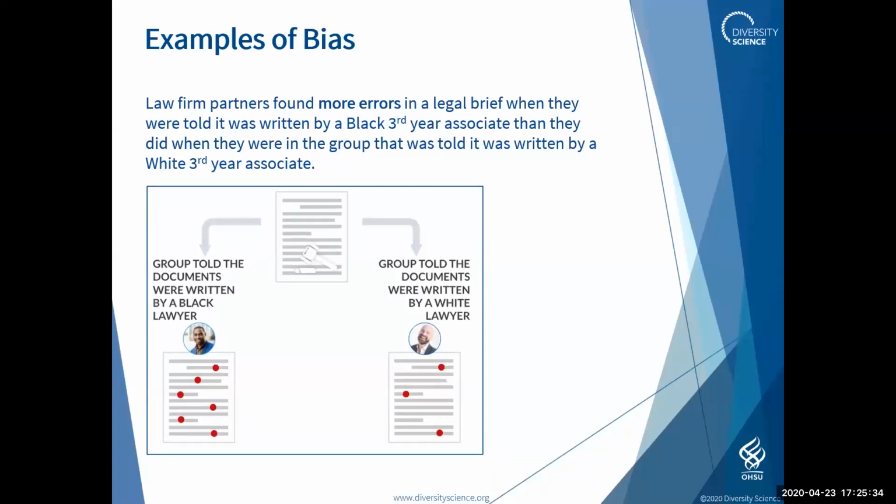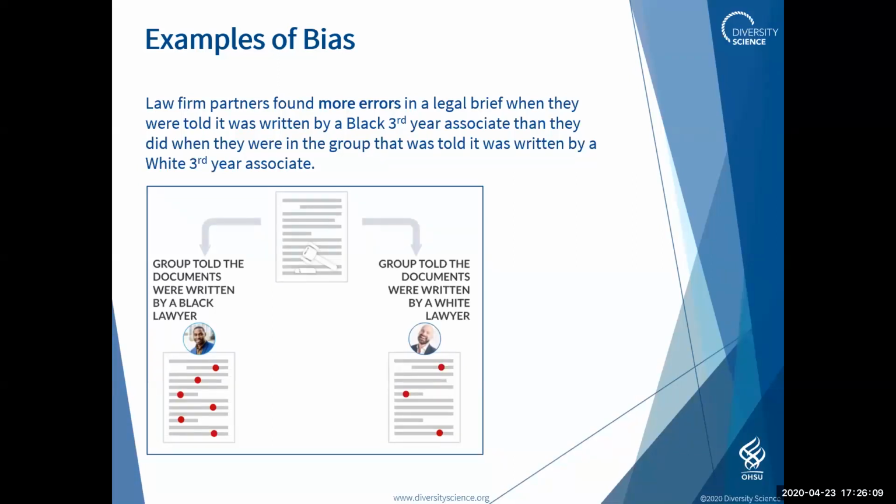When they reviewed the brief, which had errors, again, identical briefs to both groups, the law partners who were reviewing the brief and had been told that it had been written by a Black third-year associate were more likely to identify, notice, and weigh the importance of the errors than the group who were given, randomly assigned groups, equivalent groups, experimental design, the brief and told that it was a white lawyer.